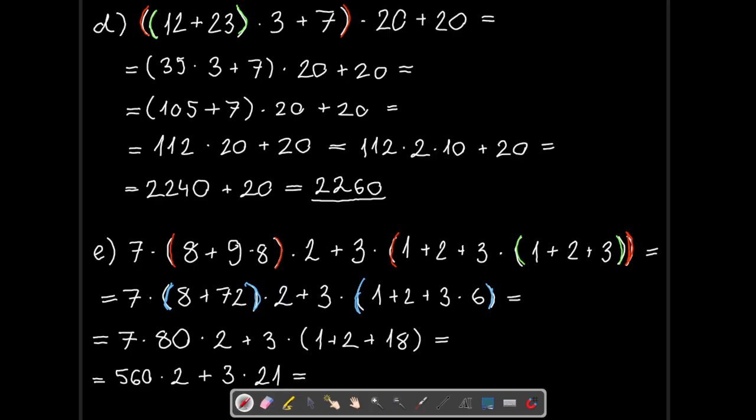The parts are separated by the plus sign, so we can just take this part completely by itself, and then this part also.